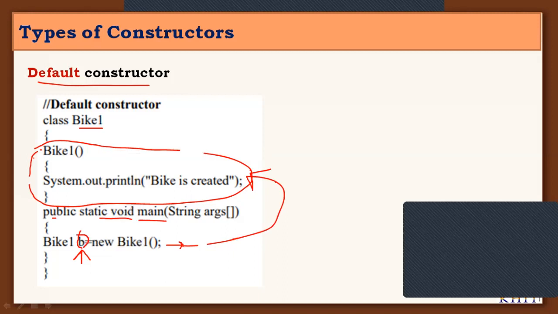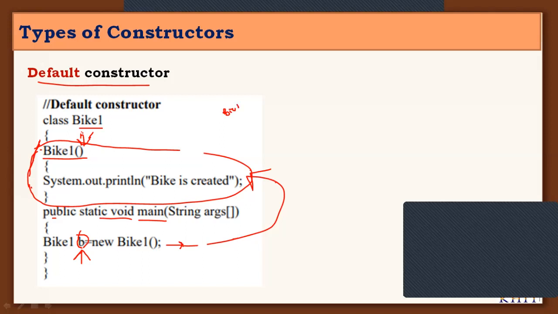So this is the use of the default constructor. If you observe its definition, it doesn't have any arguments in the method representation. In this definition, there are no parameters for this constructor. If it is created by the user, then no problem. If it isn't created by the user, this type of simple constructor will be created by the compiler itself.